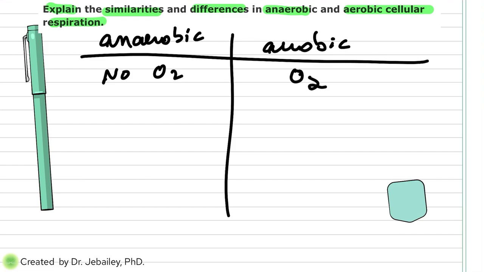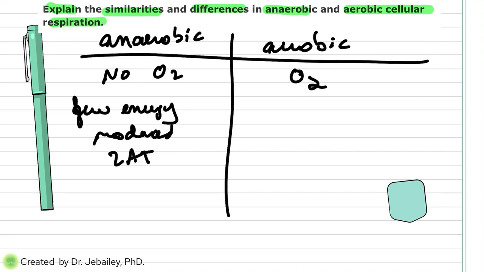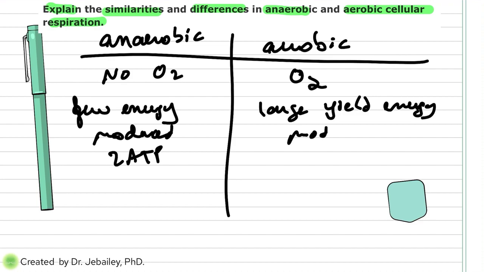Now we know that in anaerobic you barely have any energy, so little energy is produced, and if you want to be more detailed, you can say it's only 2 ATP, while aerobic has a large yield of energy produced, and in this case we're talking about 36 to 38 ATP.